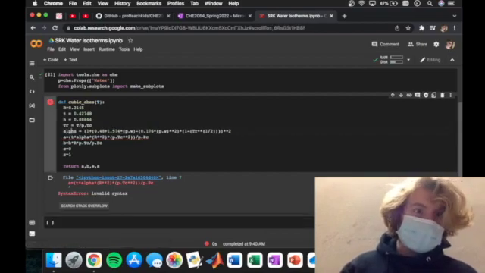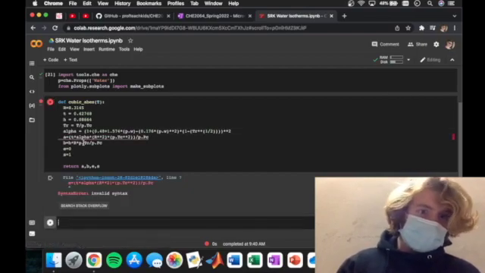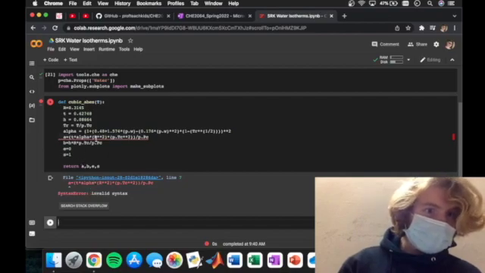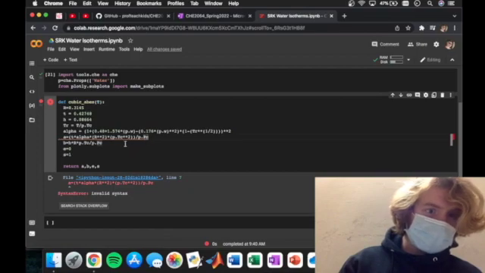This needs to be alpha like that so it gets everything matched up. And then invalid syntax, what do we have here? R squared times. Not sure what the problem over here is.